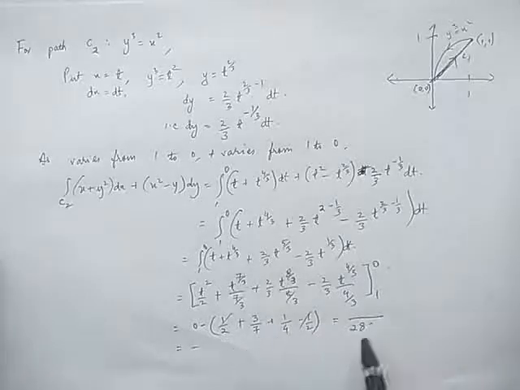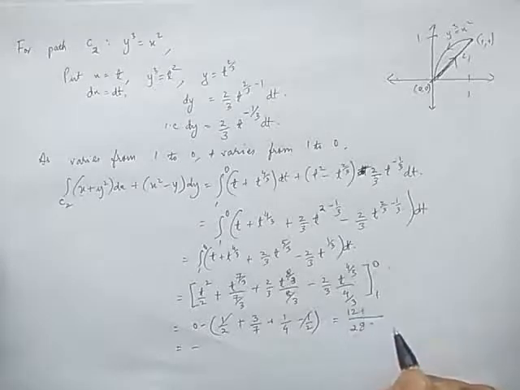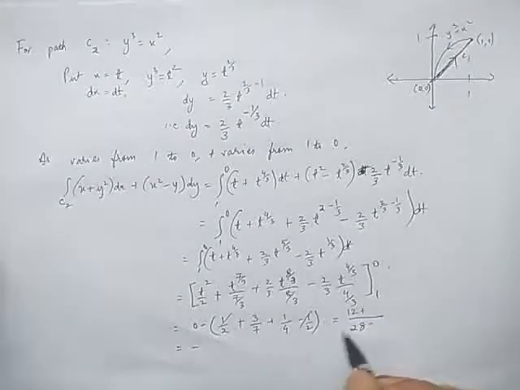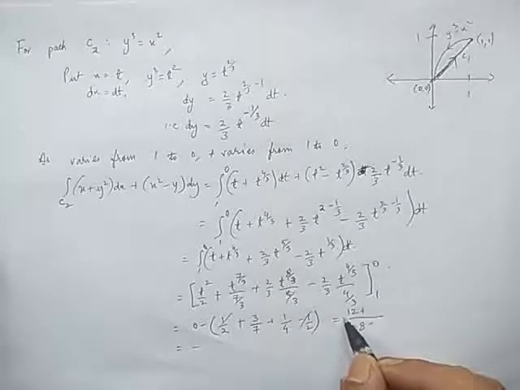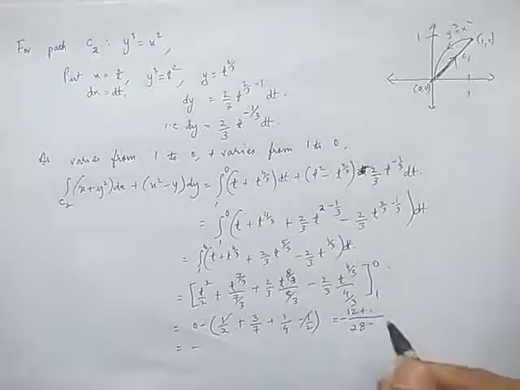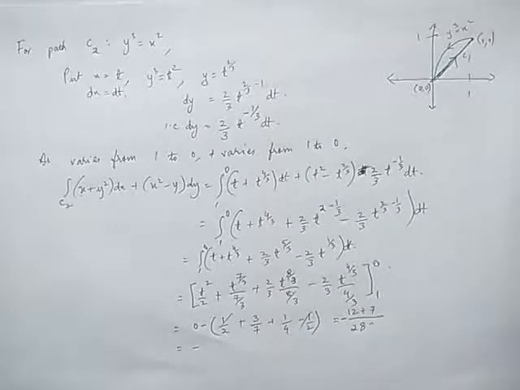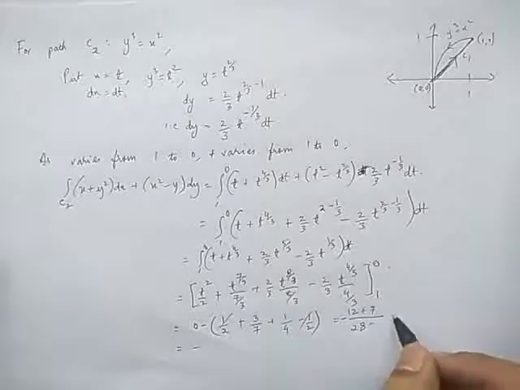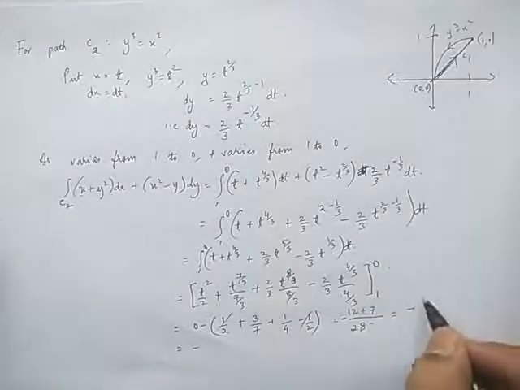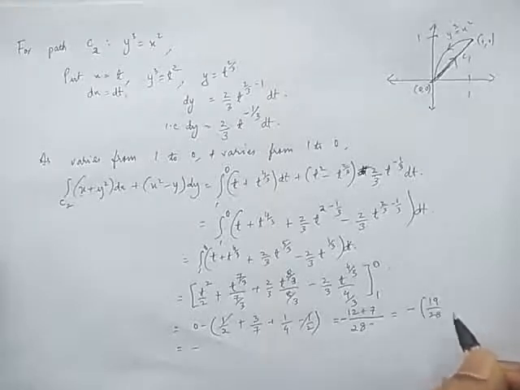So I will get 14 plus, we have to know that there is still minus here, 12 plus 7. So this will be equal to minus 12 plus 7 is 19 by 28.